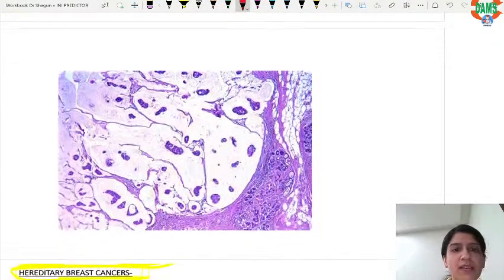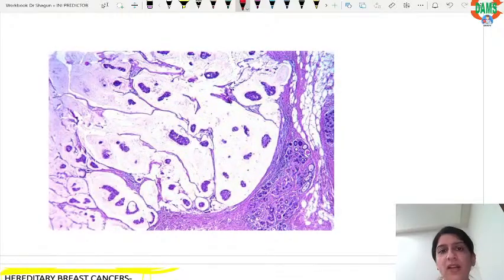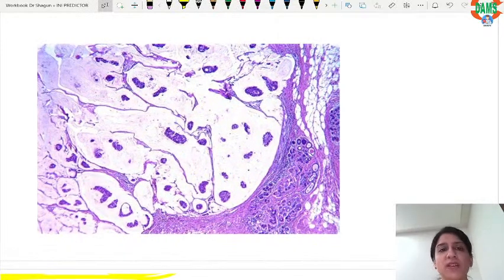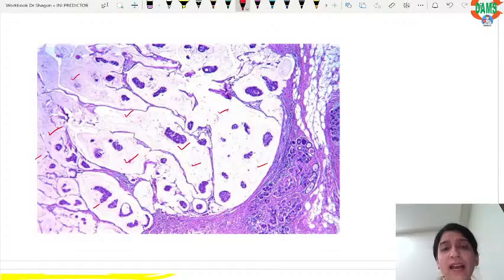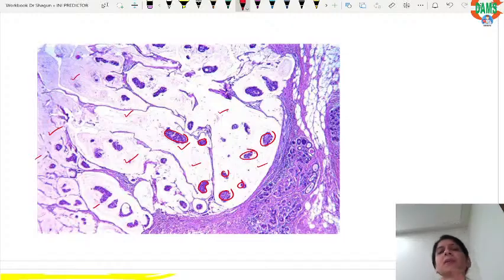Now next, look here. See, mucinous breast carcinoma. The name itself is saying mucinous, because in this you will see pools of mucin. So much mucin. And in this entire swimming pool of mucin, you will see small islands of tumor cells. More mucin, small islands of tumor cells, a better prognosis.